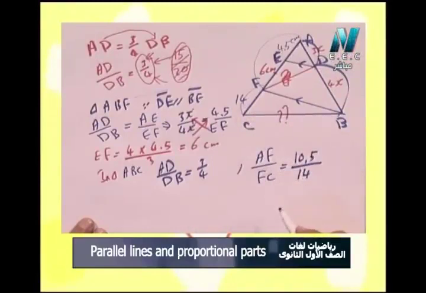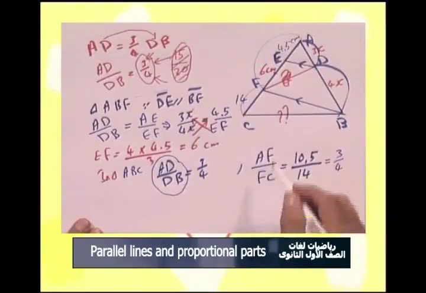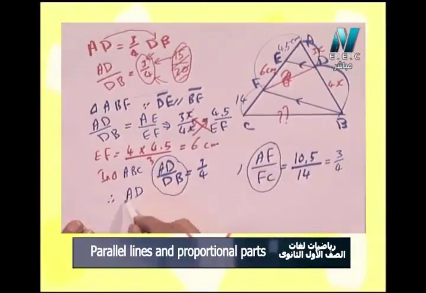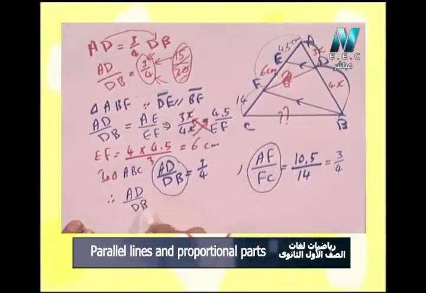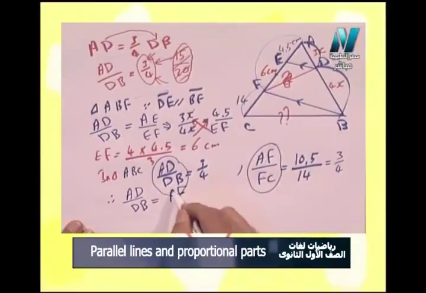You can use your mind or your calculator to find that the answer is 3 over 4. So we can deduce that AD over DB equals AF over FC.